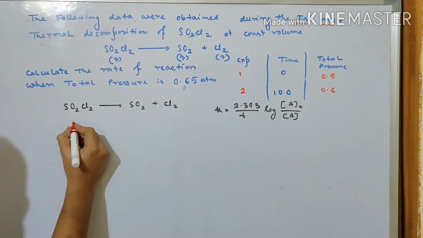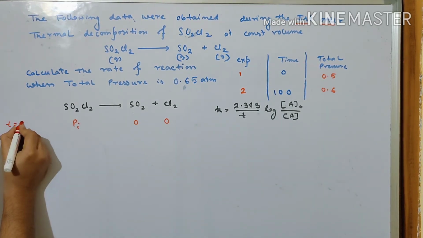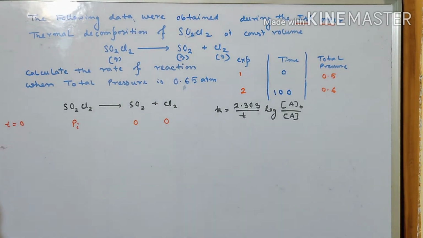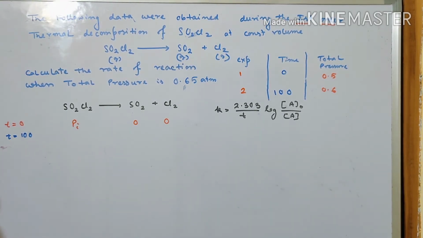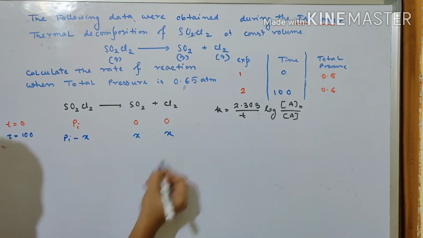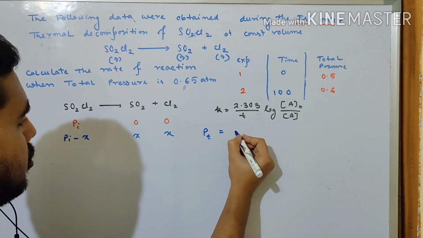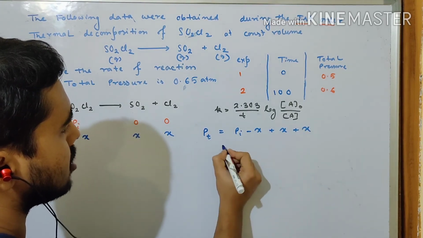See, initially at t equal to 0, it is Pi, 0 and 0. When t is equal to 100, at that point of time, SO2Cl2, the initial value Pi, becomes Pi minus x, and the others become x and x. So if I want to calculate the total pressure, it should be Pi minus x plus x plus x as per the coefficients.